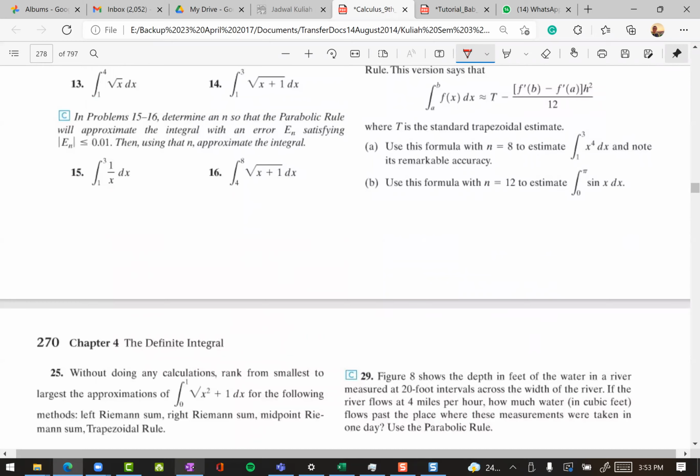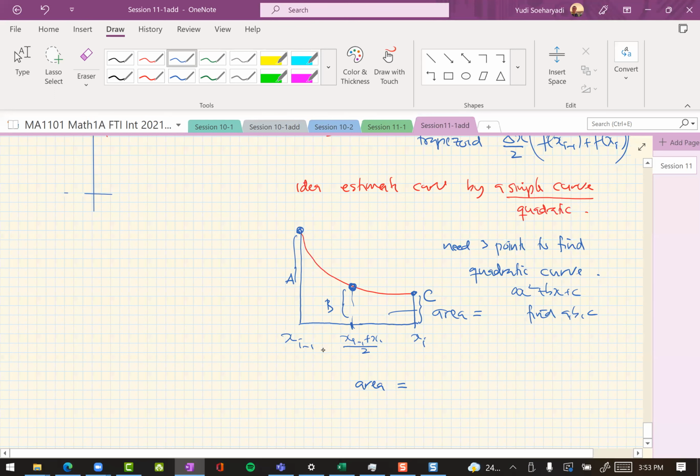The formula is this: A plus 4B plus C, multiplied by delta over, let's see, what is that thing? Over 6, I think. I forget the formula for this. Need to find this. Yeah, that's it.